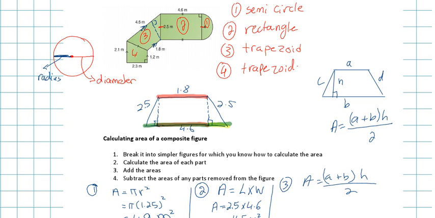These two sides are equivalent to each other because I have congruent triangles. So first I need to subtract 4.6 minus 1.8.